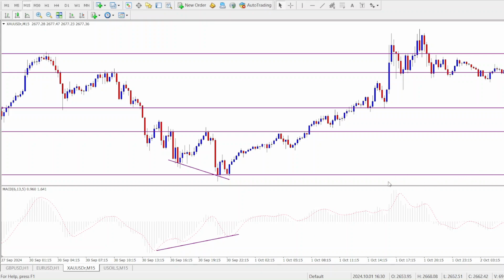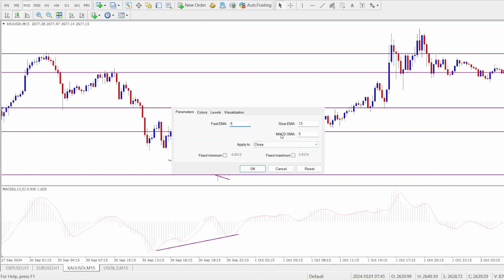All right, now how do you adapt the MACD to your trading style? Before we round up the video, if you are a very short-term trader like a scalper, you might want to further decrease the EMA periods.